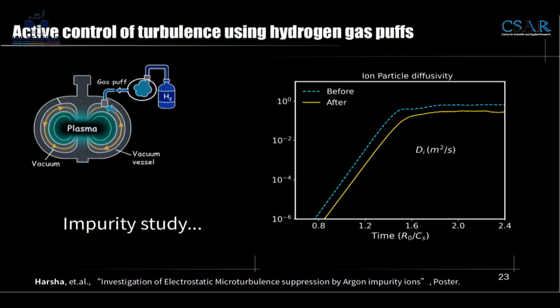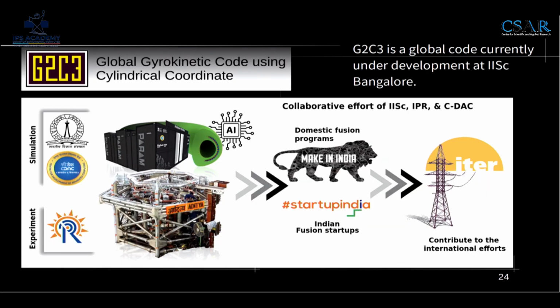You add impurity, it improves some of the properties. Something similar is happening, again, completely non-trivial. So we are also studying different kinds of impurities, adding argon, tungsten, and so on, not just because those are impurities coming from the container, but it turns out it's good.